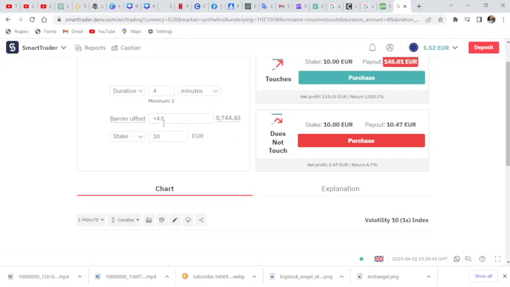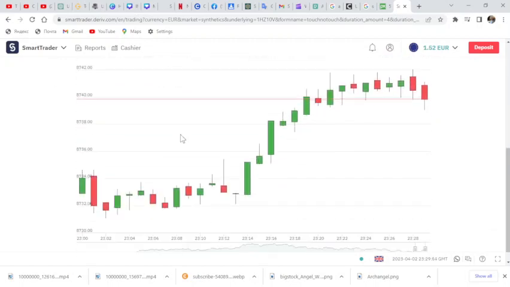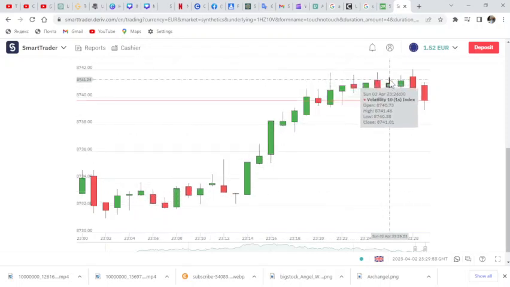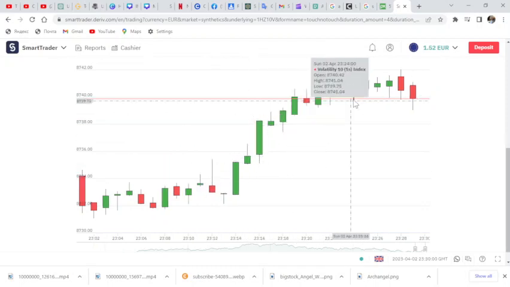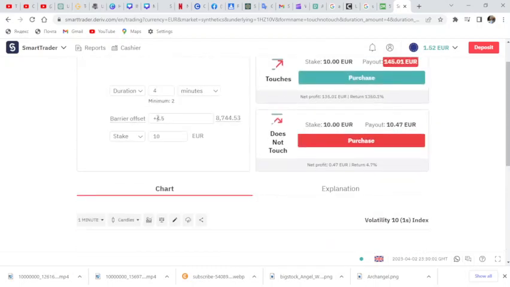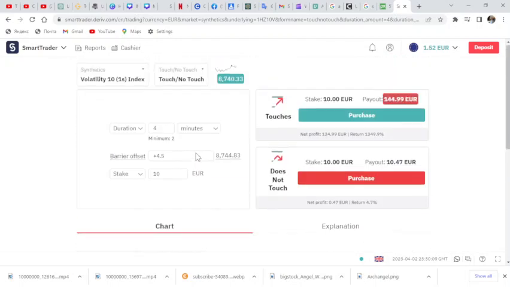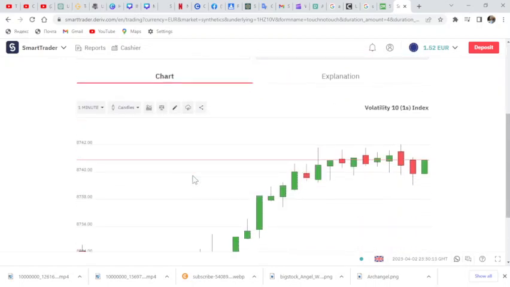If it's in a downtrend, you put a positive. Are you getting me? For example, this market is in an uptrend, so you put a negative. I'm sorry about the mistake. You put a negative here if it's in an uptrend, and you're basically going to put a positive here if it's in a downtrend.